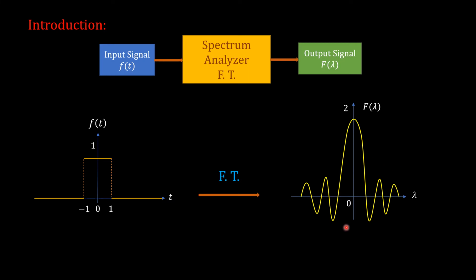Therefore, in the frequency domain, we can clearly observe which frequencies this signal is carrying, isn't it? And that is very important. So this non-periodic function is in the time domain. When we apply the Fourier transform to it, it converts it into the frequency domain. Okay, so let us see one more example.